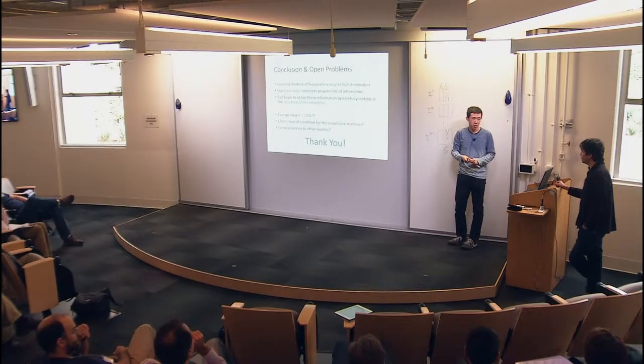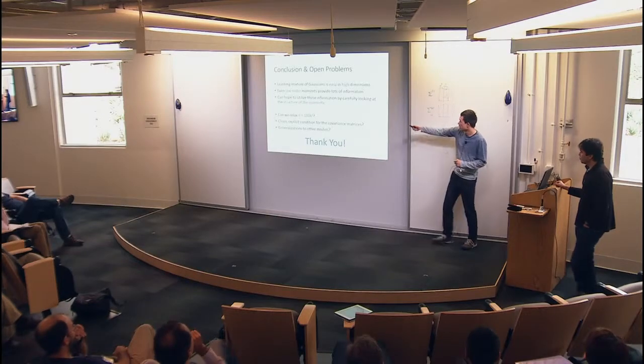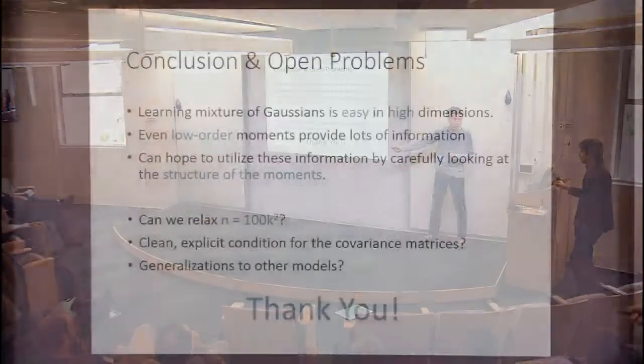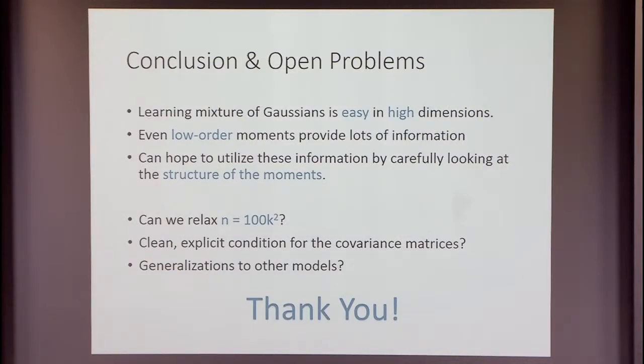But n is a function of k, doesn't it? n has to be at least 100k squared. No, that's for the algorithm. Oh, you mean the lower bound for the problem? No, we don't know any lower bound for the problem. And I would conjecture that n could be as small as k to the epsilon at least.